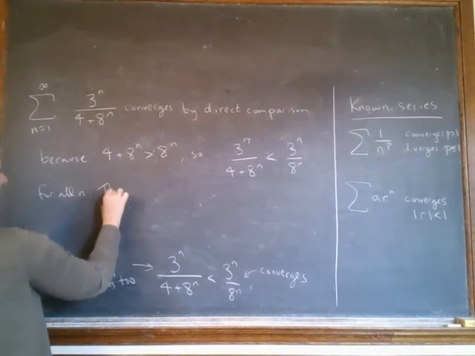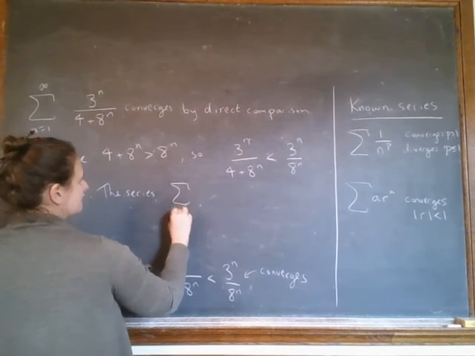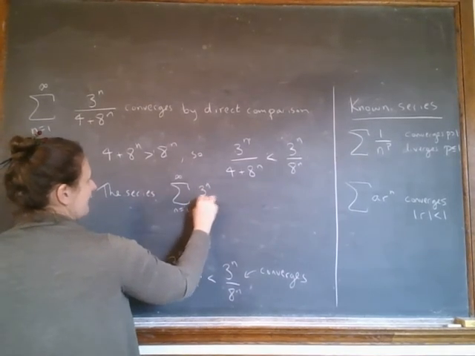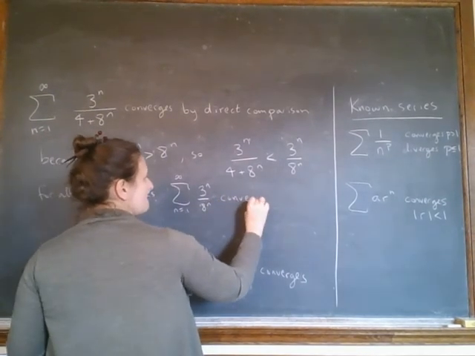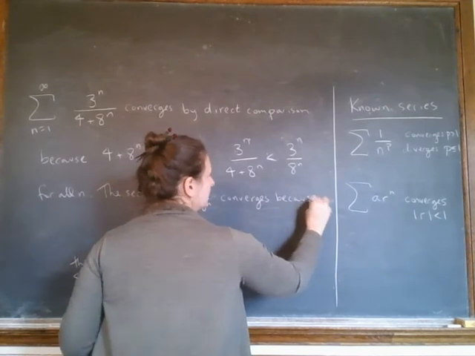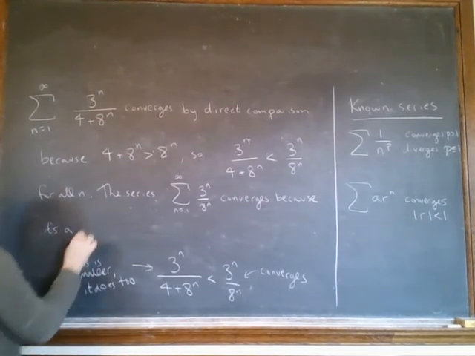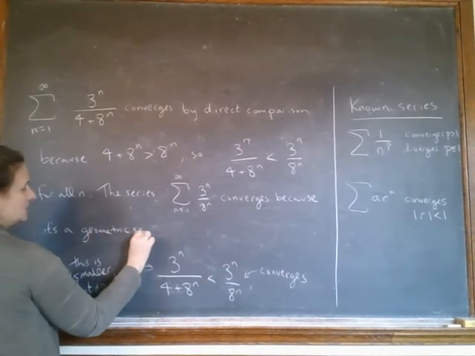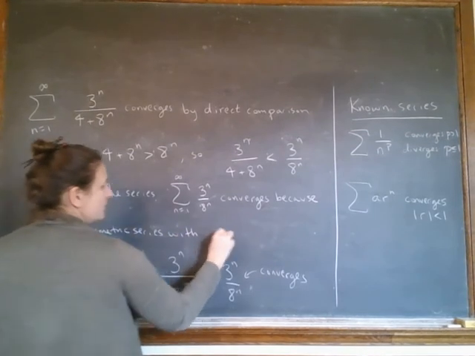The series 3 to the n over 8 to the n converges because it's a geometric series with r equal 3/8.